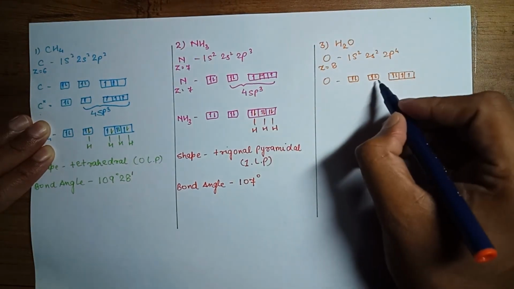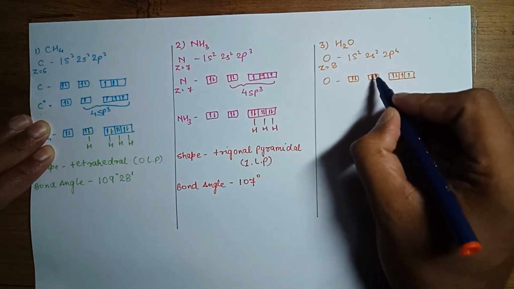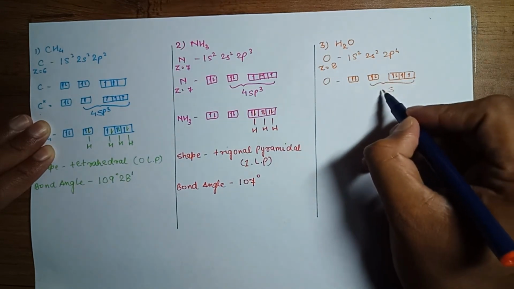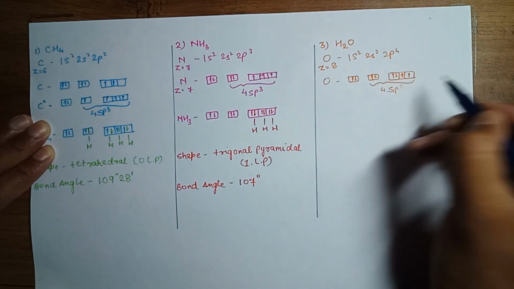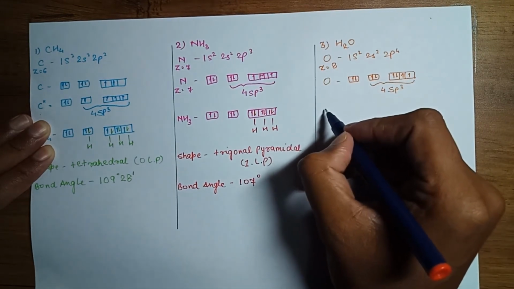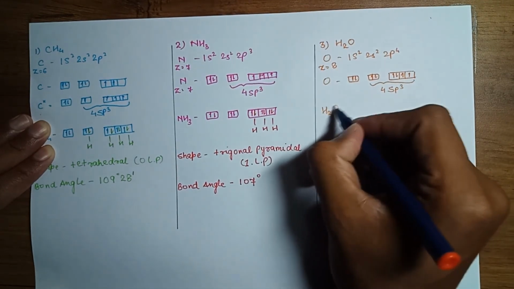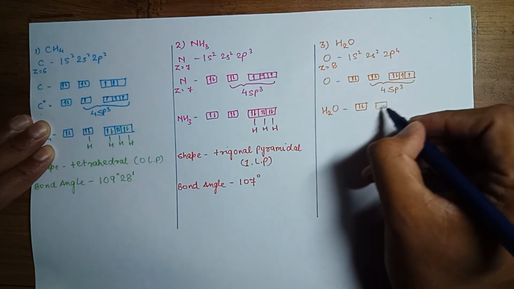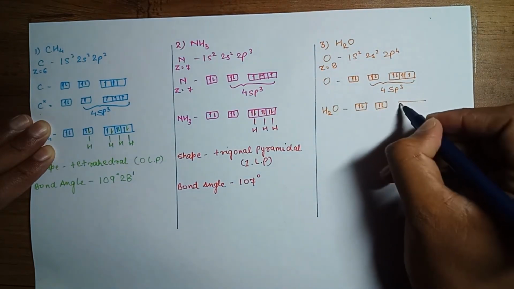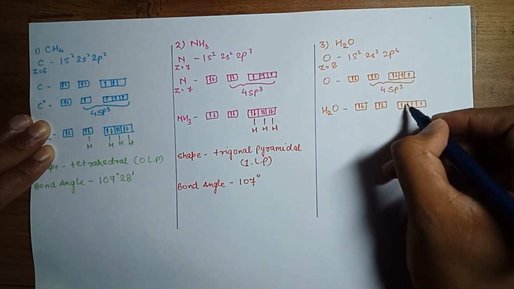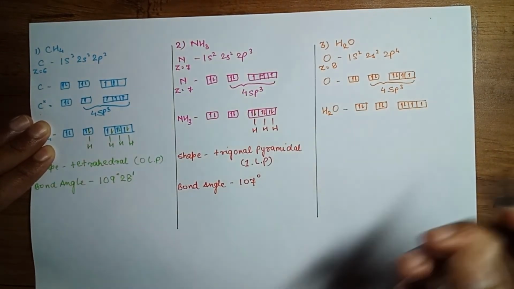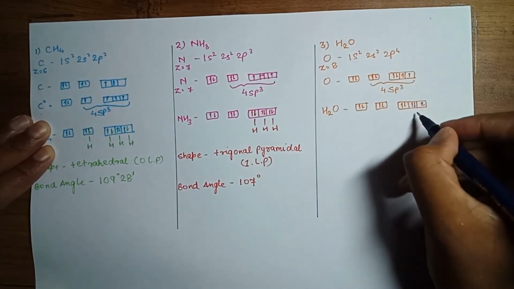So here again the one 2s orbital and 3 p orbitals will combine to give 4 sp3 hybrid orbitals, and H2O bonding will be with hydrogen.